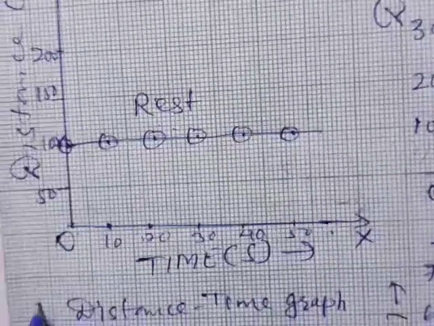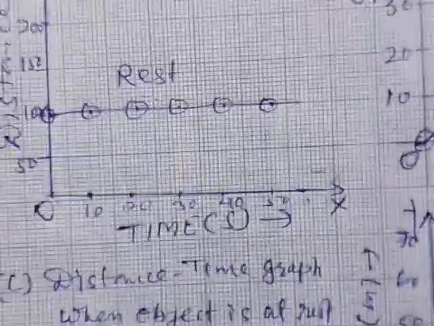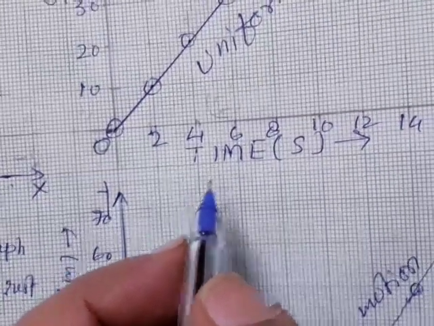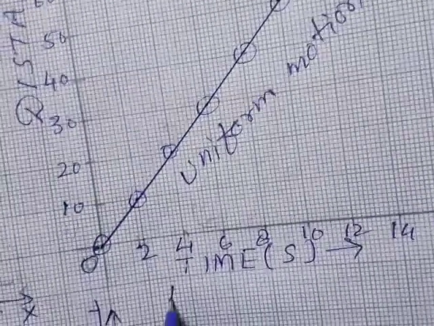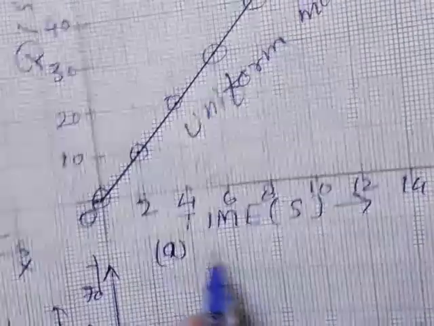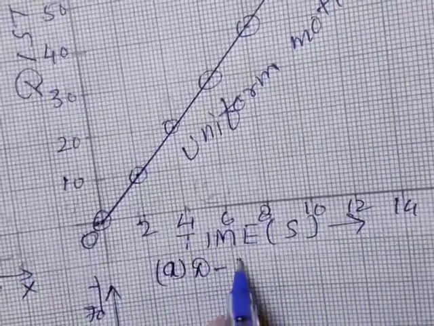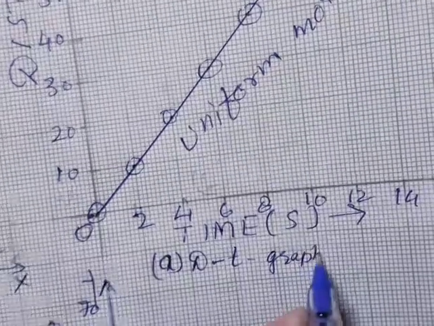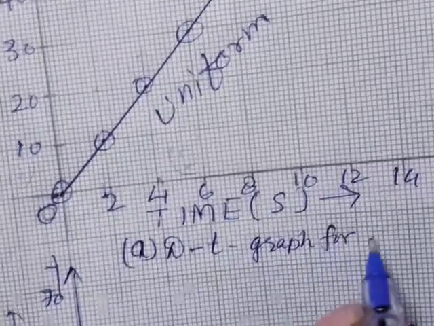So this is graph C. This is graph B for non-uniform motion, and this is the distance time graph for A. We can write here graph A, distance time graph for uniform motion.